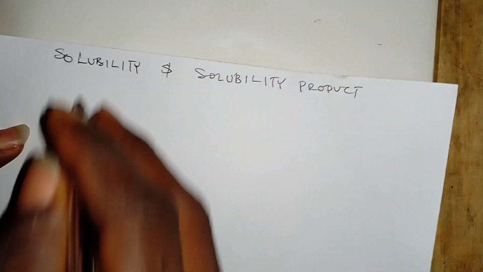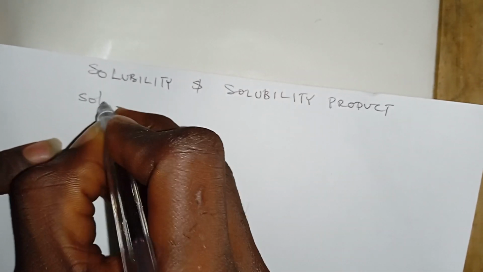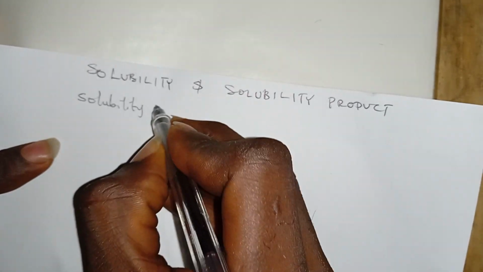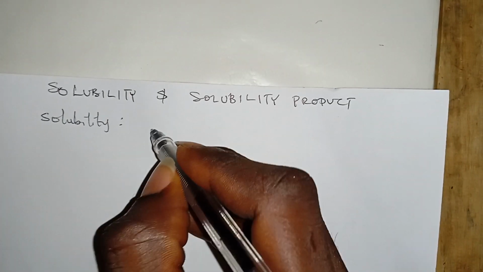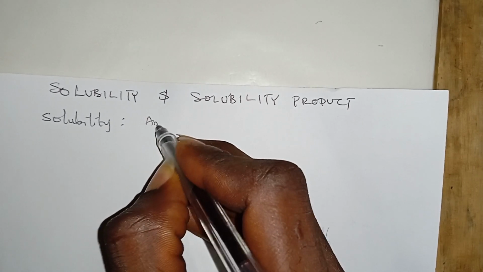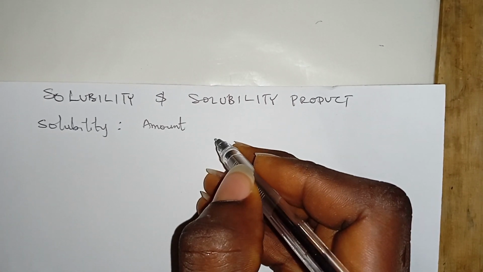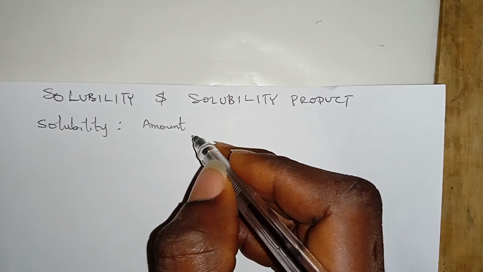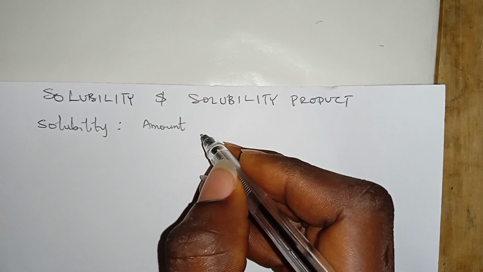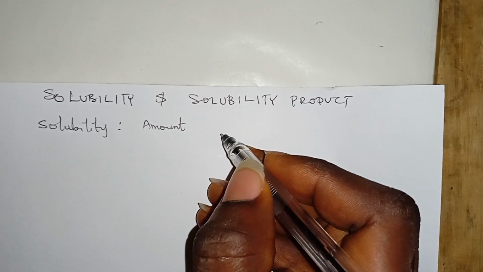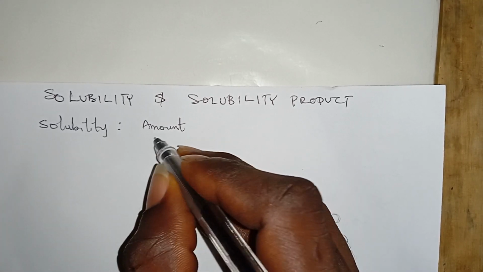Now, what is solubility? Whenever you hear solubility, I need you to know that solubility in simple terms talks about the amount of a substance, be it in gram, be it in whatever unit, that is contained in a particular solution.